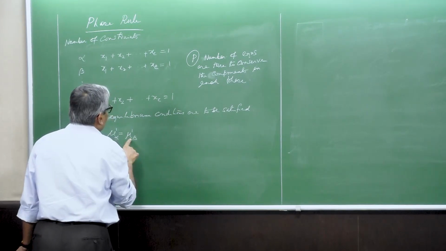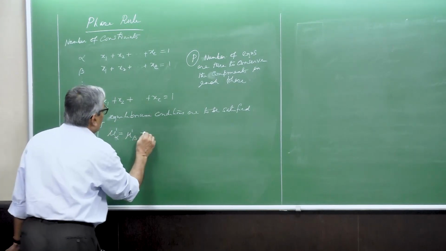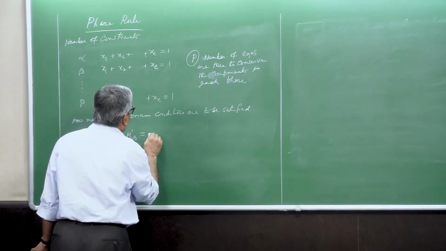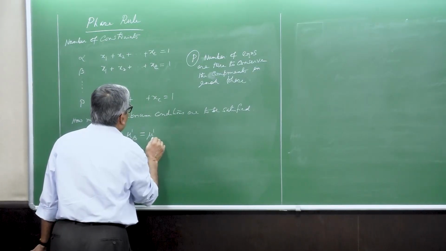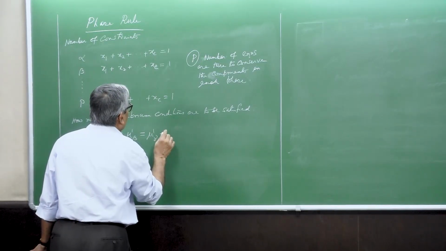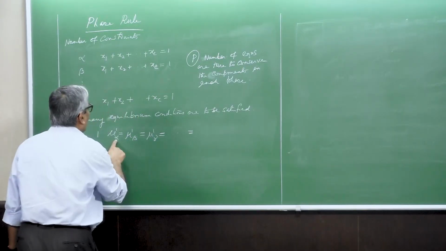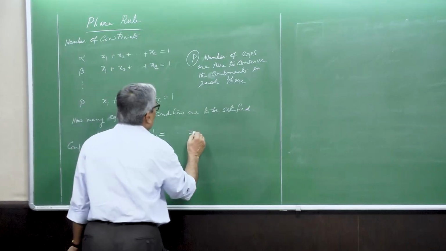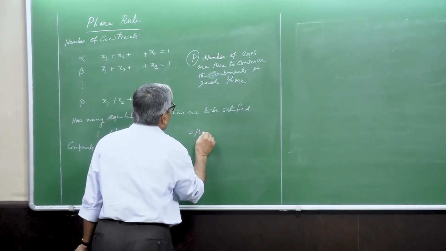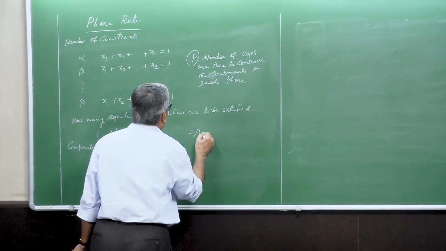So alpha is equilibrated with the beta phase for component 1, equal to mu1 gamma, then we go up to alpha, beta, gamma, I must go up to mu1 of P phases for component 1.